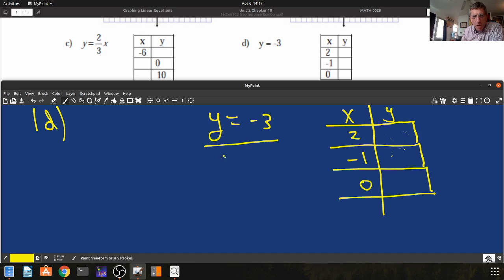But this says y equals minus 3. So that means y always has to equal minus 3. If I put any other value in there for y, like 0 or 1, then this would no longer be a true statement, because then I would be saying y is equal to 0. But this clearly says y is equal to minus 3.